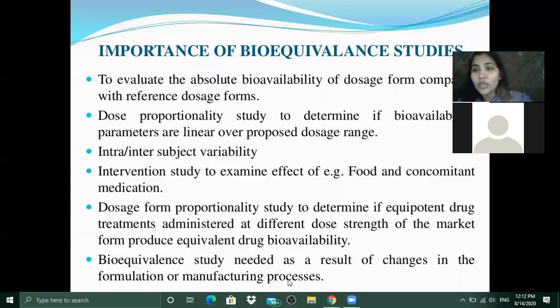See, whenever I'm talking about so many points, you have to remember one thing over here, that when we are saying bioequivalence studies, it means conducting the bioequivalence trials in between the subjects.